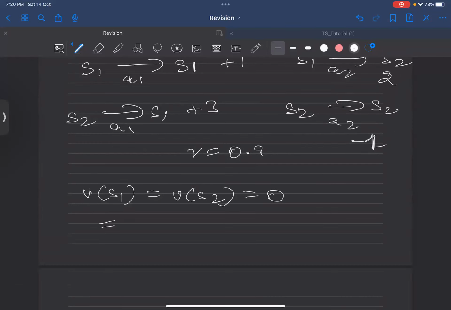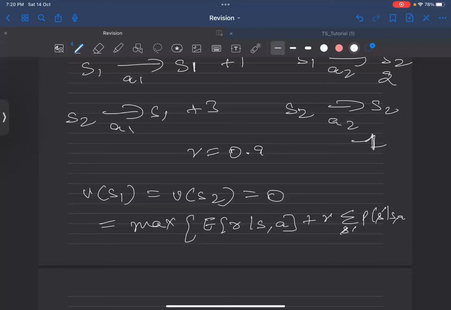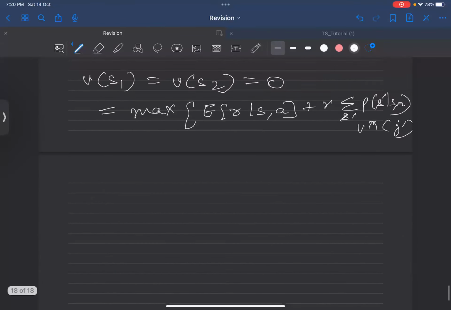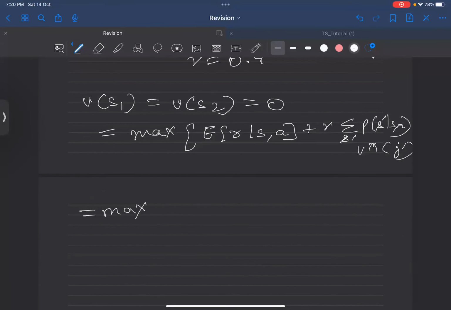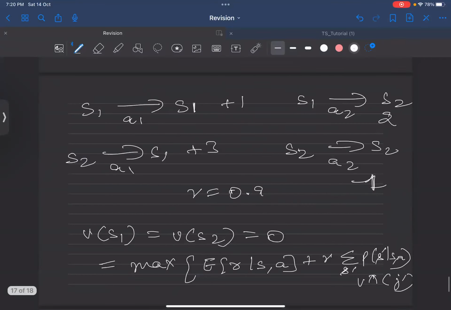Then we take the max of the reward plus gamma times the value. What is the reward here?